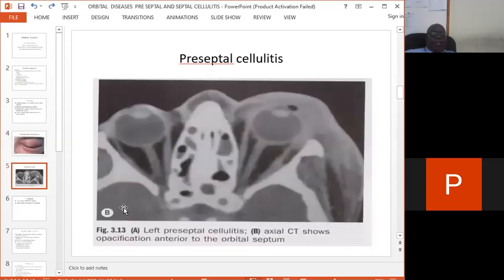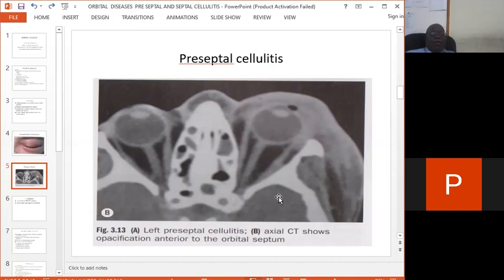Preseptal cellulitis, CT scan, you can see normal. This is the optic nerve. These are muscles, medial rectus, lateral rectus. This is the eyeball. This is the lens, the white stuff with lens. This is the normal side.